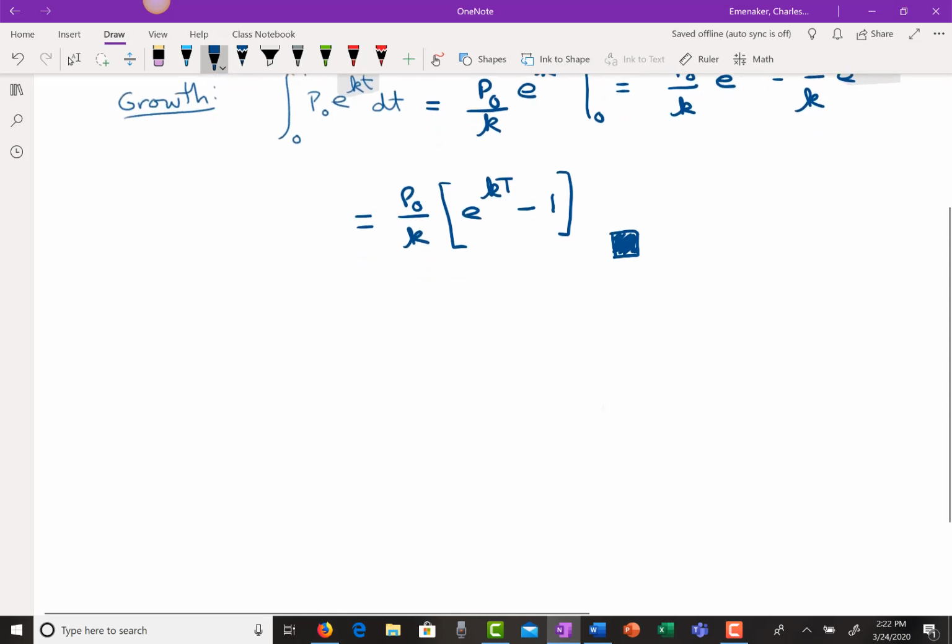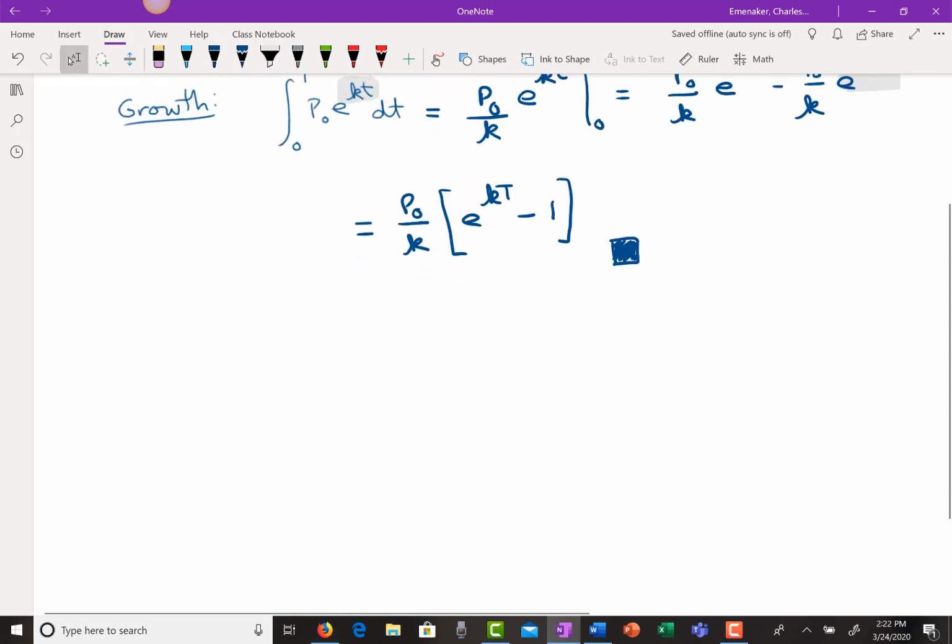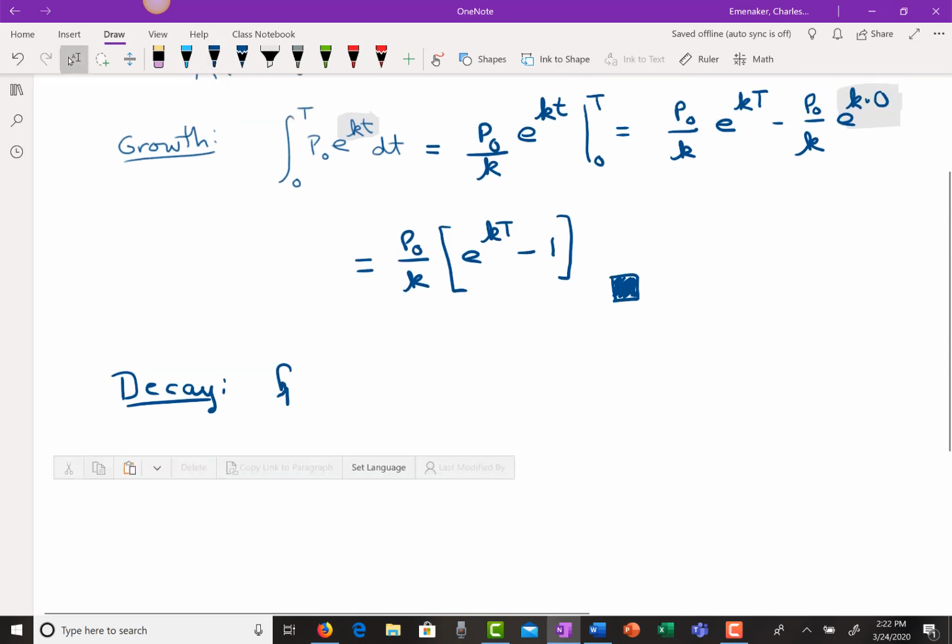In the situation where we have decay, or in other words, things are going backwards or decreasing, a scenario where things would be decreasing would be the amount of antibiotic in the bloodstream. Okay, so the amount of it decreases over time. It's represented very similarly.